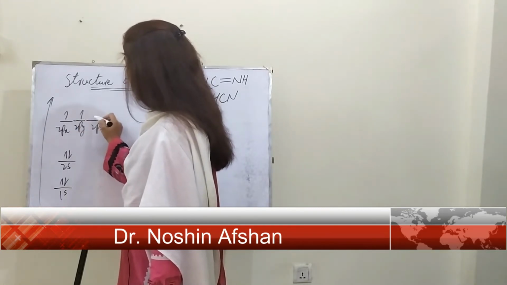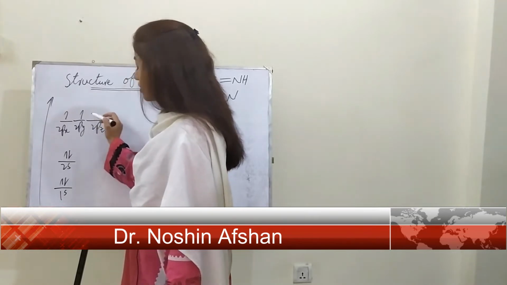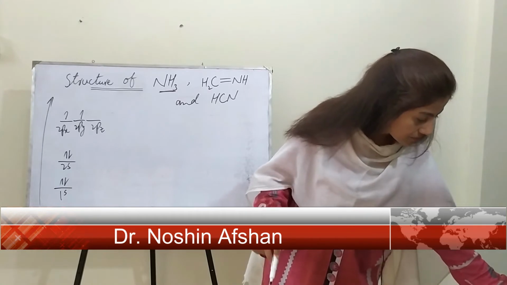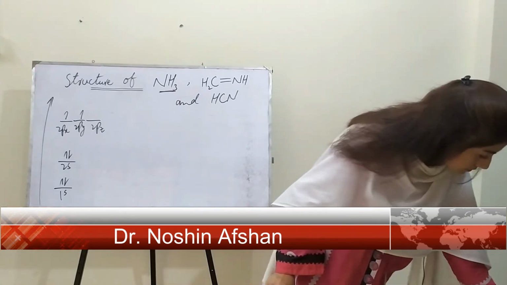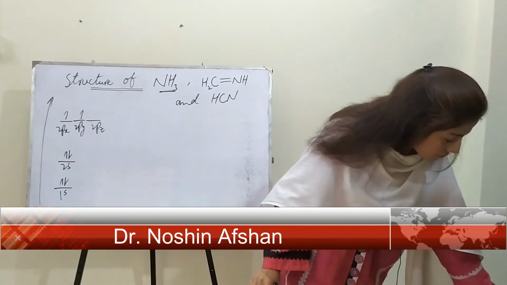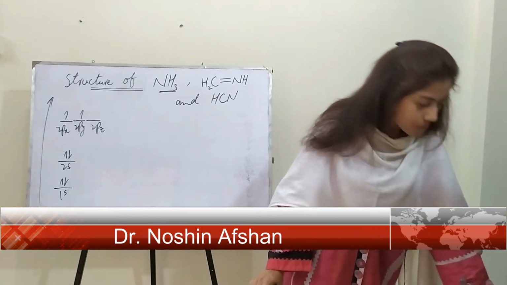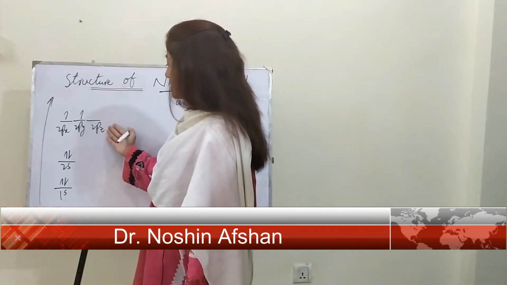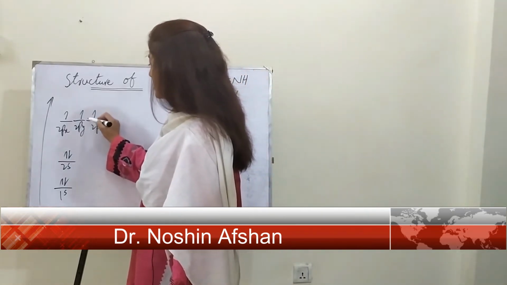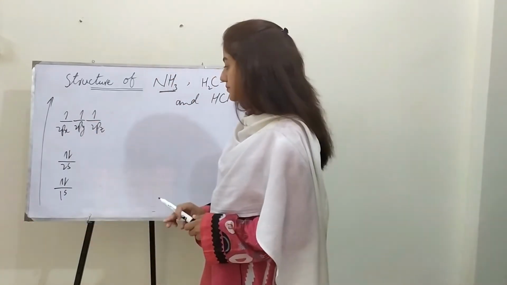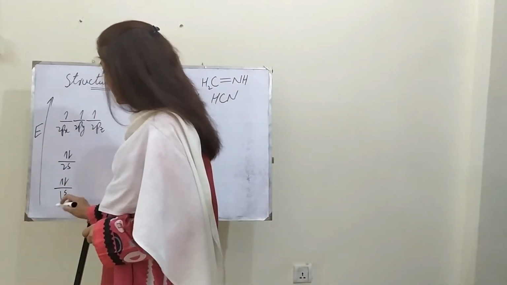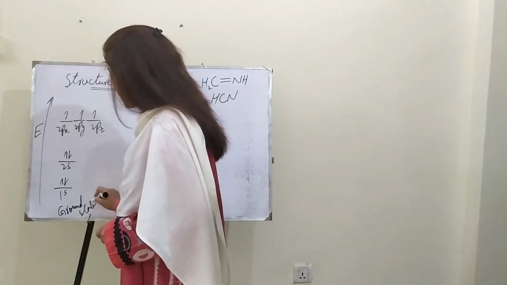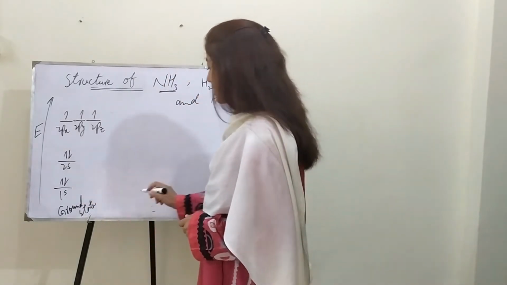So here each of these orbitals would contain 1 electron in each. So all of these degenerate p orbitals would contain 1 electron in each. Here this shows the energy level and this is the ground state electronic configuration.